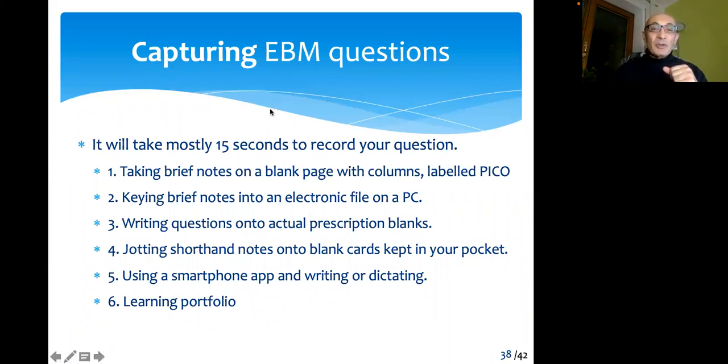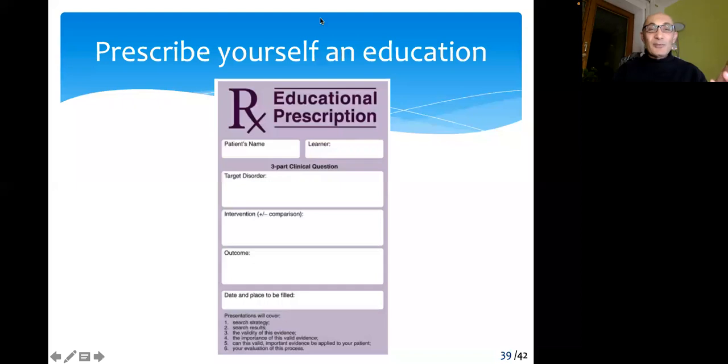So, capturing, the first step, capturing. Most of us are using smartphones now. I am capturing. I write down on my smartphone, on my diary. You may also have papers, or you may use this kind of educational prescription.